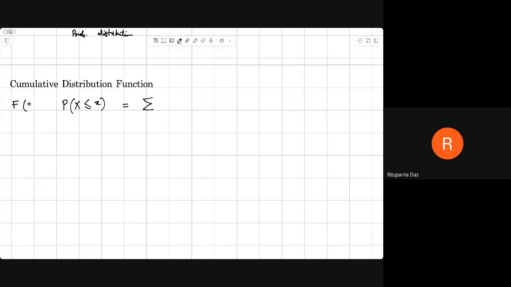The cumulative distribution function F(x) is the sum of all the probability mass function values where x is less than or equal to x, up to the last value of x.